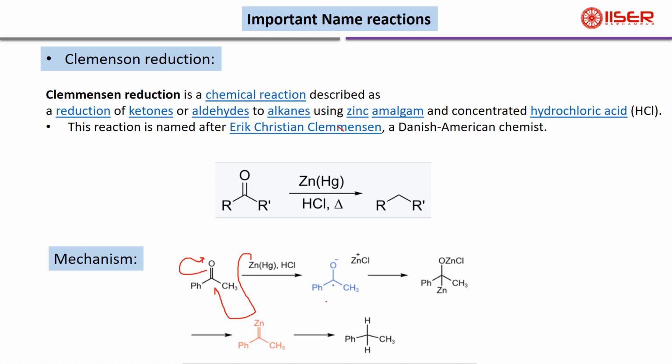Then through elimination of water with zinc, there will be a CH2 instead of this carbonyl. So this is called Clemmensen reduction.